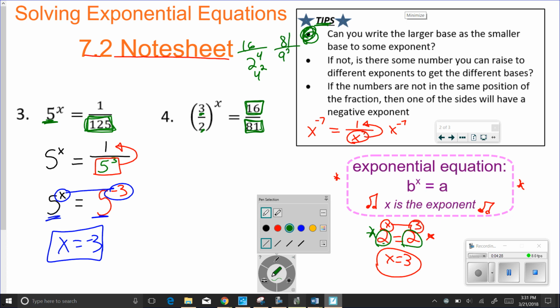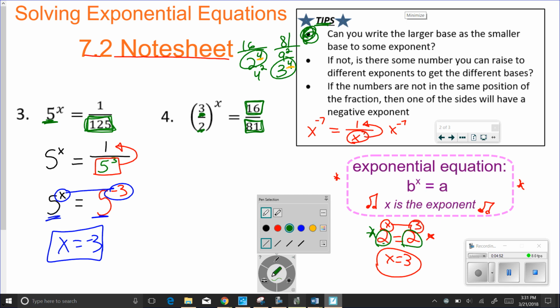It's 9 squared, which I guess isn't one of our lists, but I know that 9 squared is that. It's also 3 to the power of 4. Well, on the left side here we have 3 and 2, so I'm going to use 3 and 2, and I can see those are both being raised to the power of 4, which is good, because then I'm going to have these raised to the same exponent.